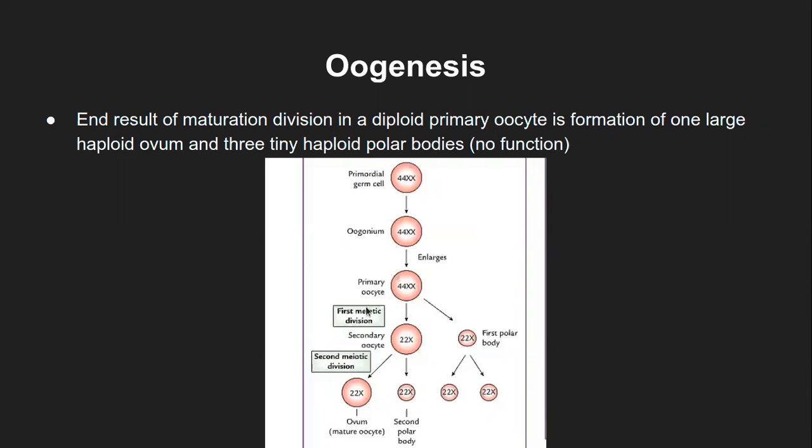One of the cells will form the primary oocyte, which will subsequently undergo meiosis, forming the secondary oocyte and the first polar body, and then they will divide by the second meiotic division, finally forming the ovum, which of course undergoes the maturation process, and the secondary polar body. So that way, one final ovum, which is bigger because of the unequal division of the cytoplasm, and the three polar bodies at the end.